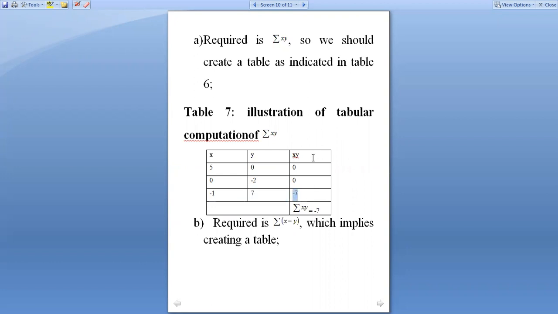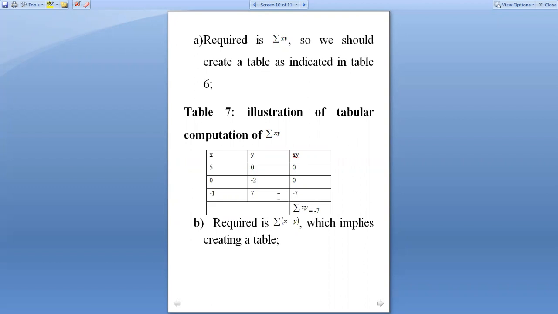So you sum up this column, you get summation xy, and it gives you -7. It is easier to solve using a tabular approach when you have more than one summation, let me say you have two variables or three.